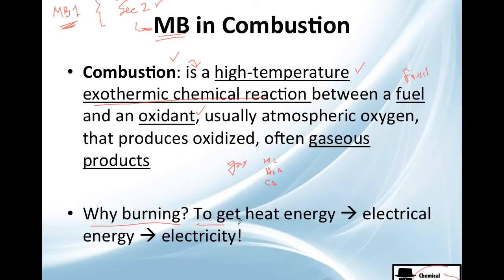It's because we need heat energy. And why heat energy? Because we need electrical energy, which means we can use electricity everywhere, domestic and industrial applications. And of course, burning means CO2, which is not nice, and CO, which is also not nice.